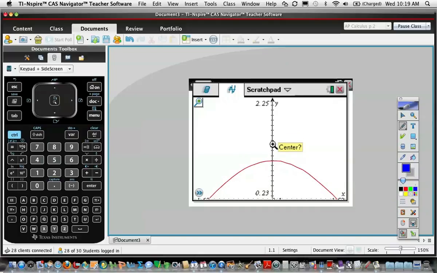Just place it with your trackpad over that point and click. And then do it again. Then do it again. See what's happening? What we're doing is we're coming in there with the microscope. And keep doing it until it looks straight. Not quite yet. Now it looks pretty good.